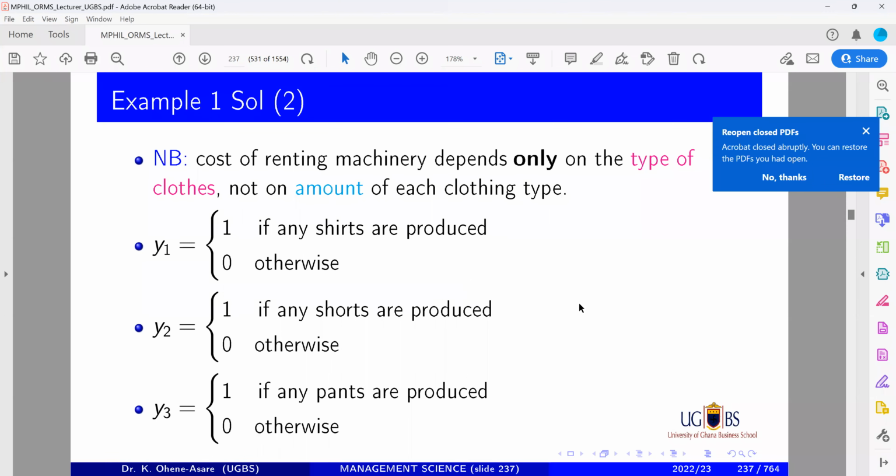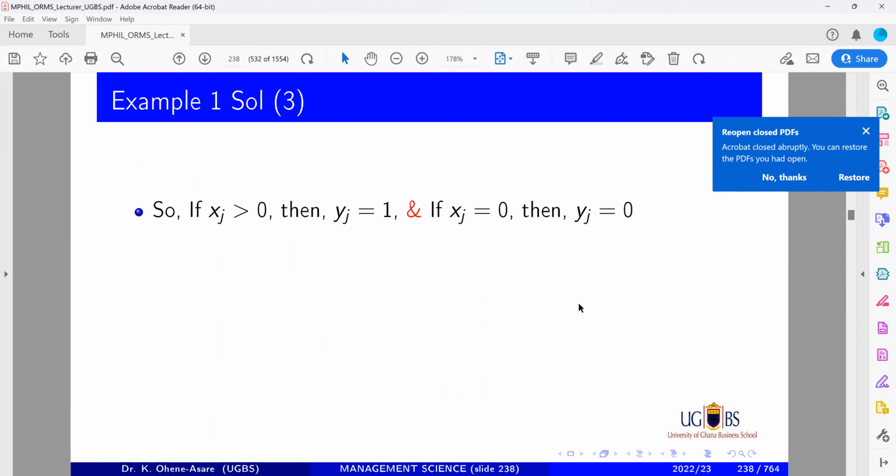All right. So on the basis of that, we need to formulate the objective function. But before we do that, understand a few things here. This is important. I've already said it, but I want to repeat it mathematically. So this repetition is only mathematical. If Xj is positive, remember Xj is the item you are producing in quantities, whether it's a short, shirt, or pants.